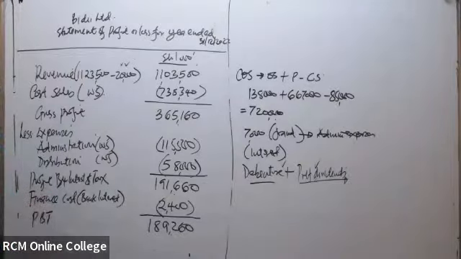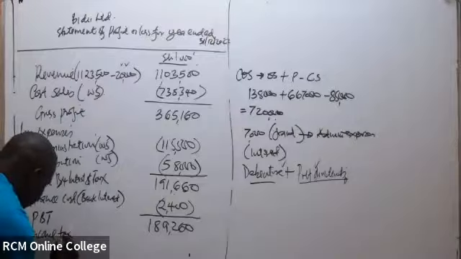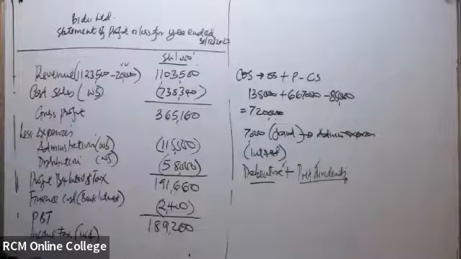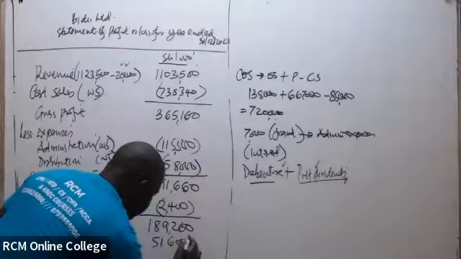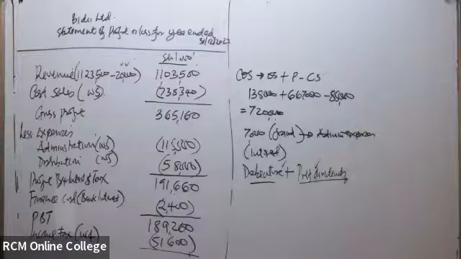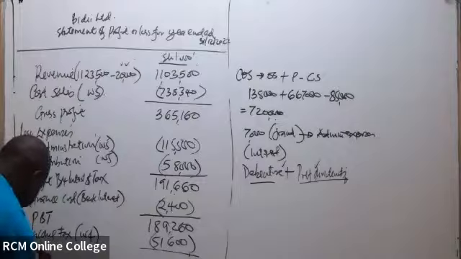Then after that, because it is before tax, we have to consider our tax. We had actually computed the income tax under working number 4, which is the last item we computed in our previous class. It was 51,600. So if you less that, how much are you having to get as the profit for the year?